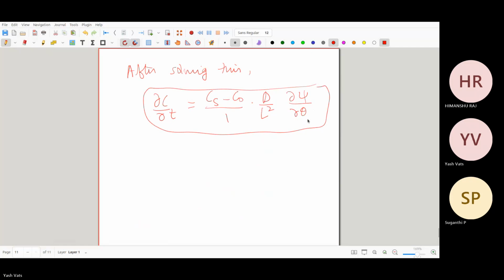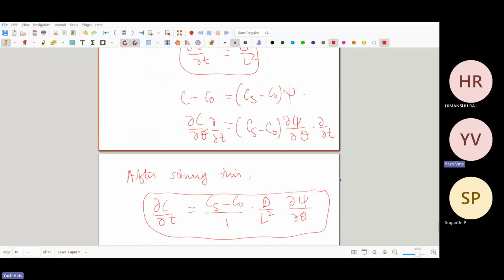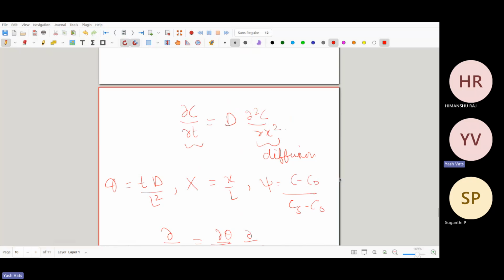And space derivative I'm talking about. So del by del x can be written as del capital X by del x, del by del capital X, which is 1 divided by L, del by del X. Because it is given that capital X is just x by L, so differentiation gives you 1 by L.